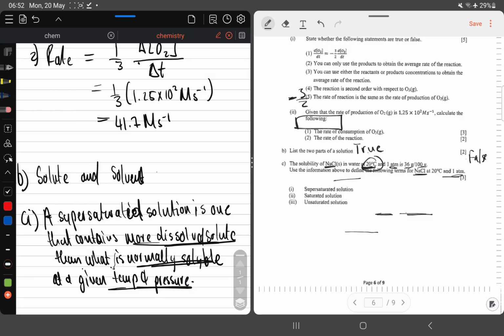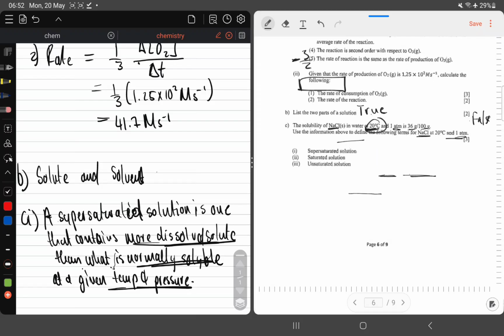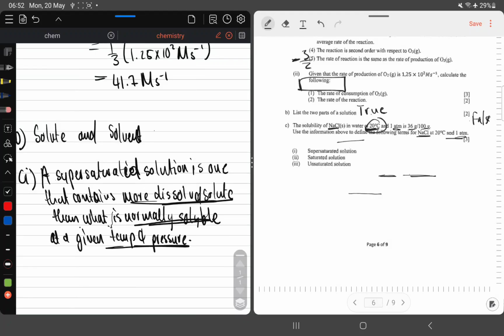How does it do it? It is done by changing the conditions. When the conditions are changed, then you can have this solution taking in more, and then you can make your supersaturated solution. So what is it? It is one that contains more than what is normally acceptable, right?